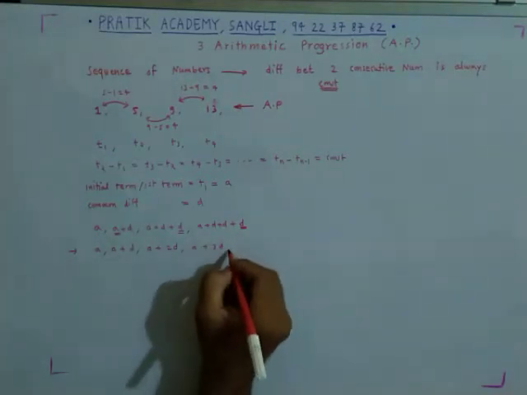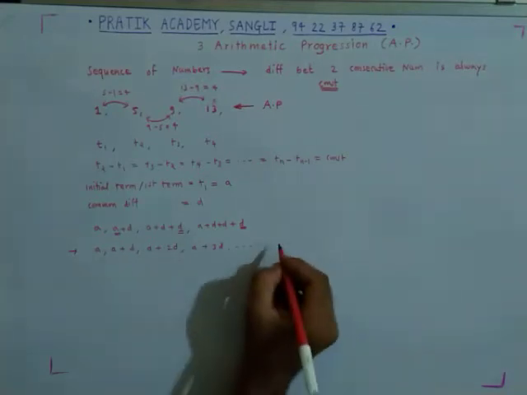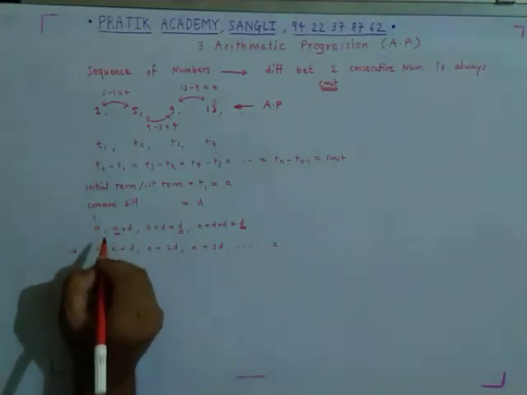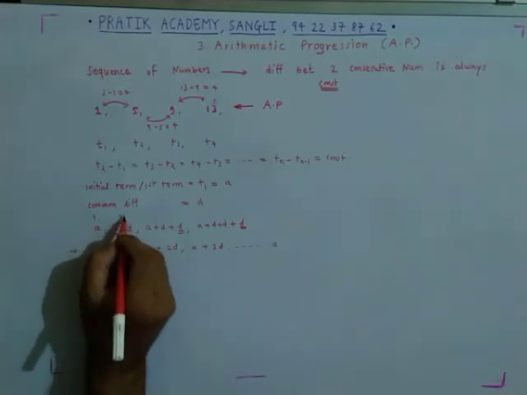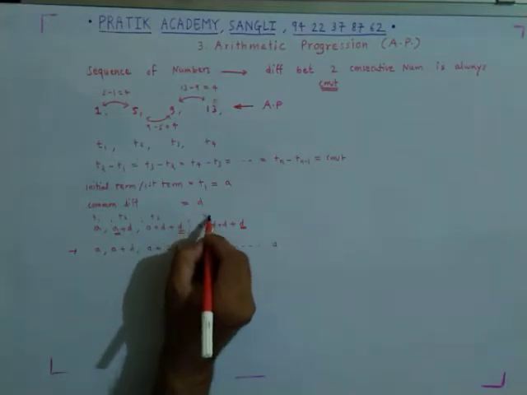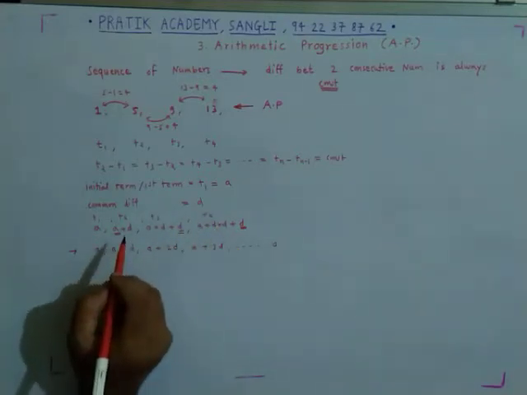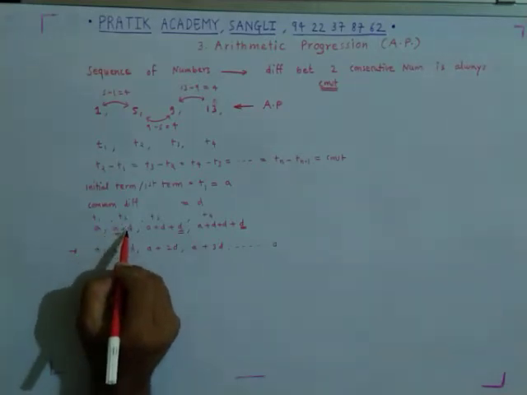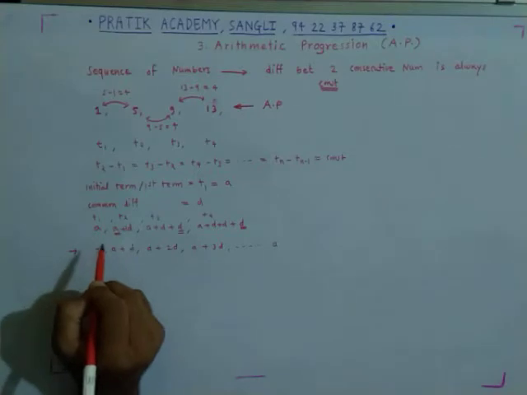And like that, if we want to write the nth term, this is our T1 term, this is the T2 term, this is the T3 term, and the T4 term. If you observe, for the first term there is no difference. For the second term, we have to add 1 times d.